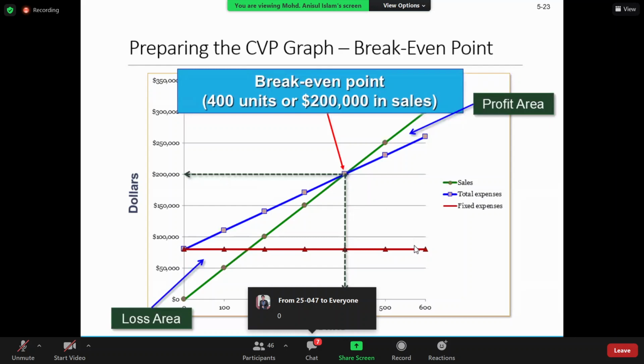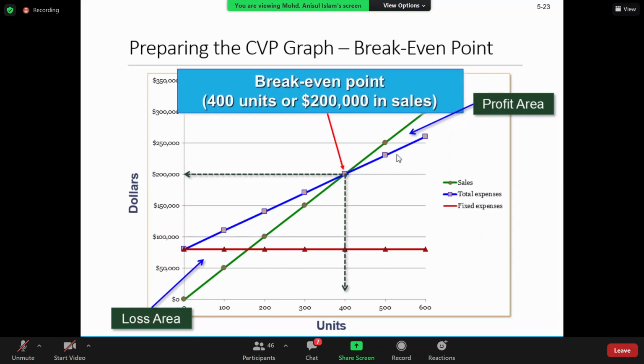Now, if we ask ourselves what is the profit if we have 500 units of sales, just try to identify the number from the graph, not consider the numbers we get earlier. For the 500 units of sale, we can get the profit by subtracting the total expenses from the total sales revenue.